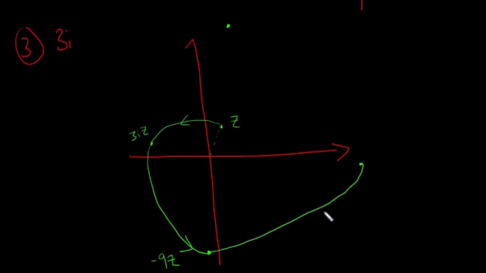This one here is going to be minus 27iz, and this one here, I'll explain in a second, is going to be 81z.